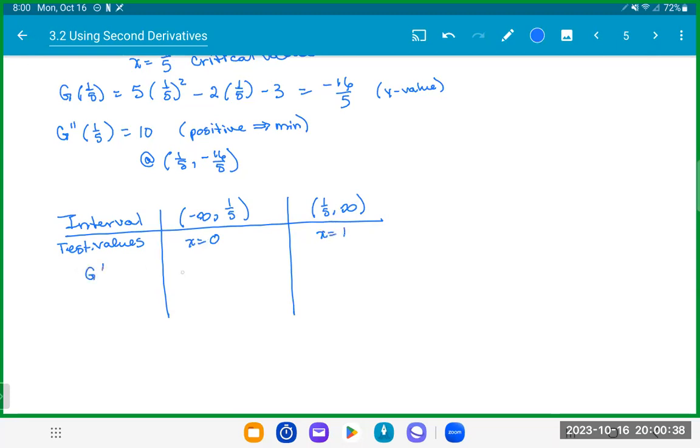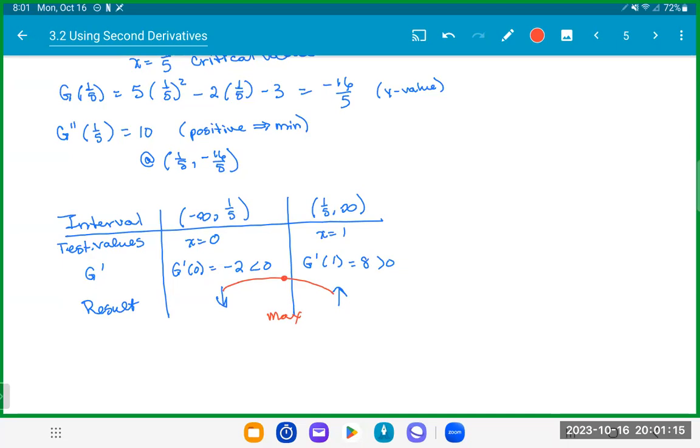So we evaluate those at g prime. g prime of 0 is going to equal negative 2. That is less than 0, so we are decreasing. Our derivative evaluated at 1 gives me 8. 8 is greater than 0, so that is positive, which shows that I have this minimum here, right?